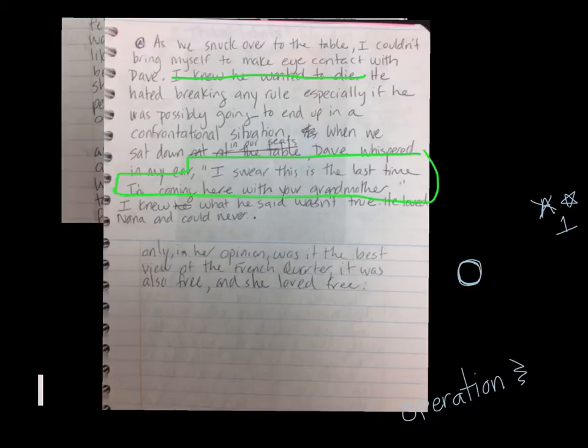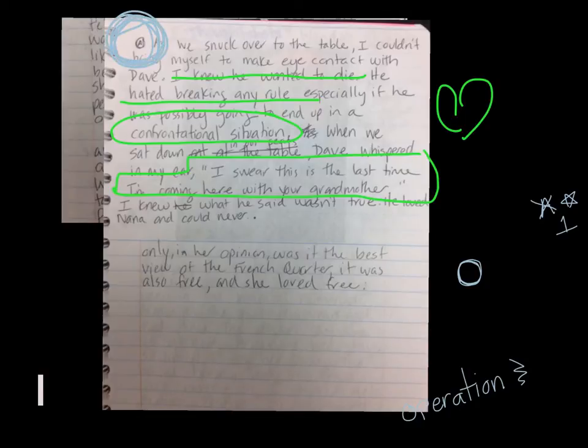And I give some background information that people wouldn't be able to see, but I know this about him, and that is that he is never going to get into a confrontational situation, and he does not like breaking any rule. So I added this into my story, and you can see from my operation that I put a letter A right up here in my story so that you could see where this information needed to go in my final draft.